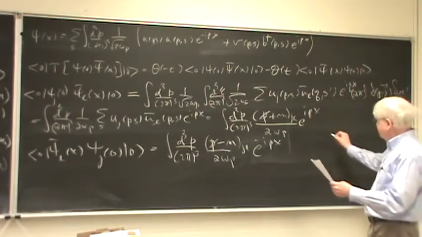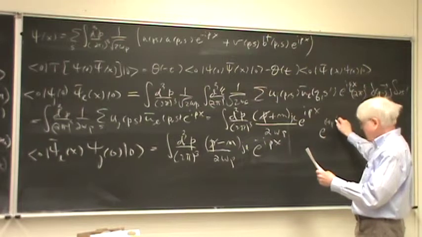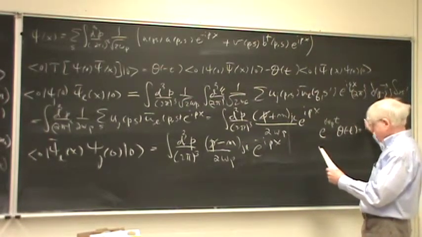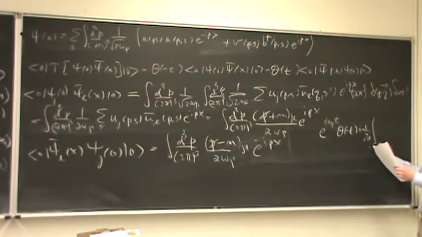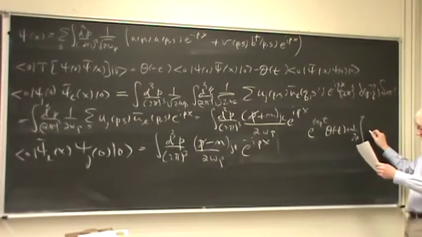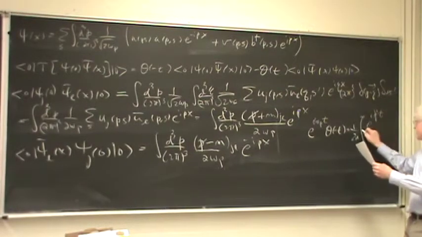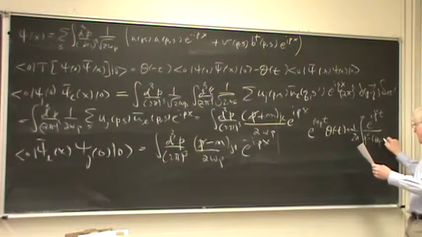Now we have these Heaviside relations, e to the I omega p t, theta of minus t is I over 2 pi integral from minus infinity to plus infinity e to the I p0 t over p0 minus omega p minus I epsilon dp0.